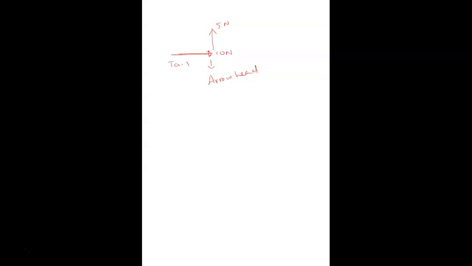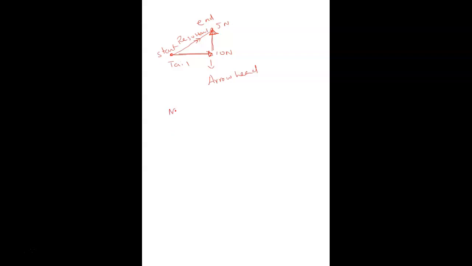Here is a tail and here is a head. Here is the starting point, and here is the end point. So the resultant will be from start to end. You draw the arrow. This is the resultant.